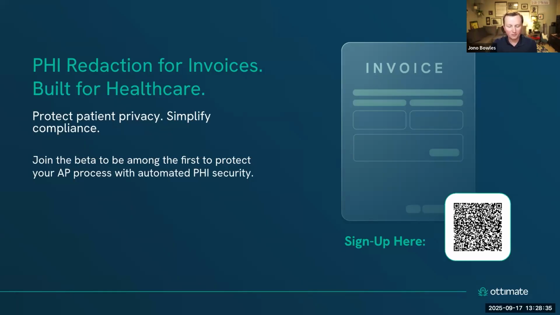What kind of information does PHI redaction redact? Great question. The AI is trained to identify and redact the 18 core PHI identifiers. Obviously, some of the PHI values are more vague than others, but we found that the AI does an excellent job at the detection.